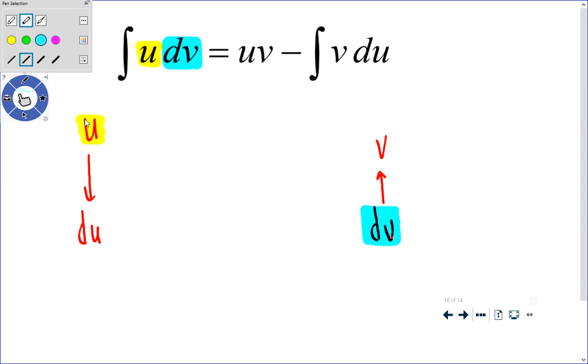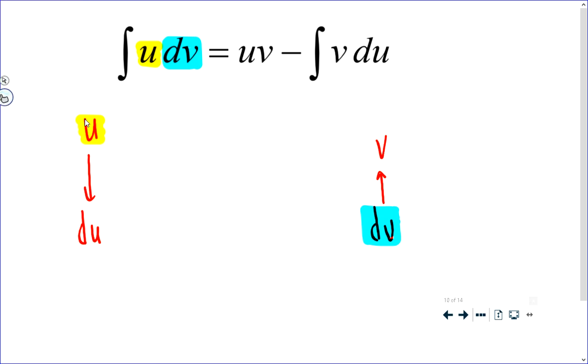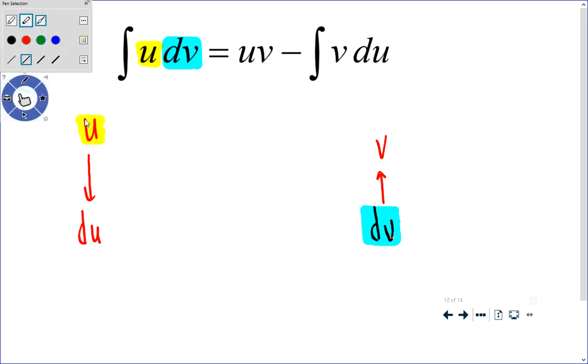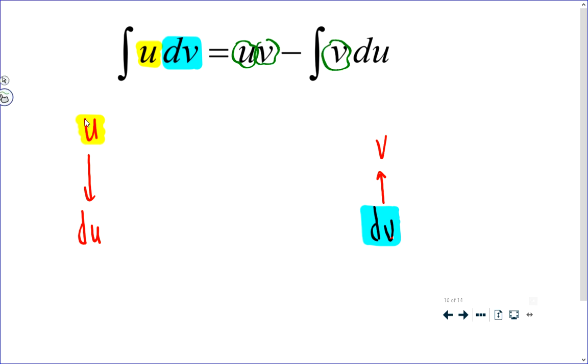We're still choosing u so that we can put u here. We're still choosing dv so that we can find v to put here and here. And we're choosing u so we can find du to put du here. We're still choosing parts of the function to differentiate and anti-differentiate.